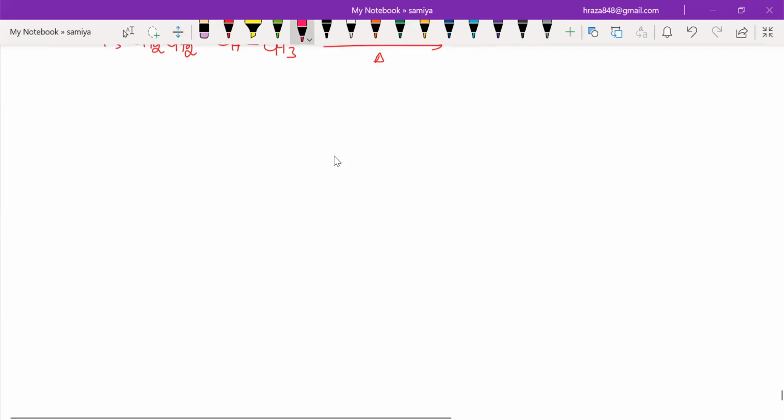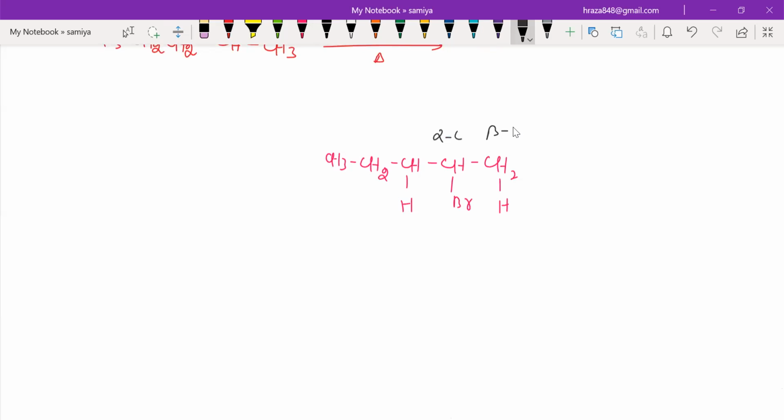First, you can see this is our CH3, CH2, CH2. I'm going to write it like this, and then CH, then Br, and then CH2 and H. Now see, this is the alpha carbon. With respect to this, this is a beta carbon, and this is a beta carbon.